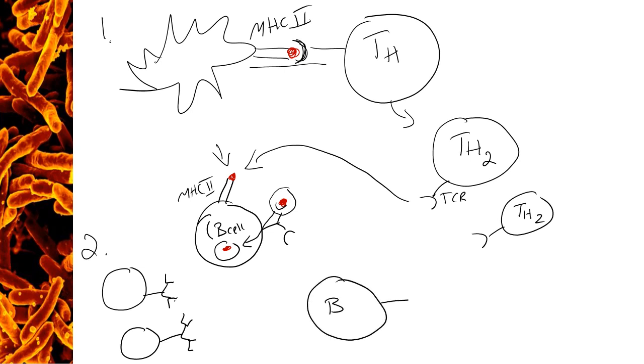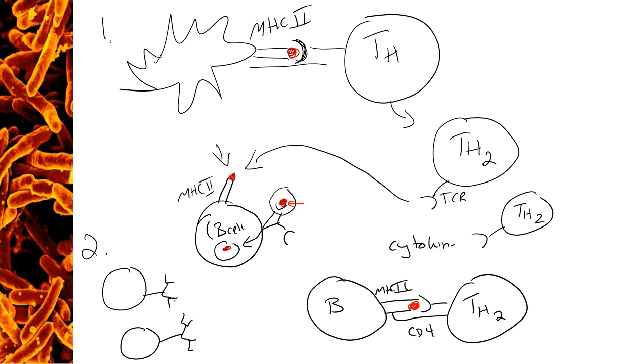Here's the B cell. It's got that MHC2, which is now loaded with the antigen that it took in from the outside. And it's going to interact with that Th2 cell. Remember, this is a helper T cell still. It's got a CD4 molecule that interacts with the MHC2. This interaction causes the production again of cytokines. Those cytokines are released.